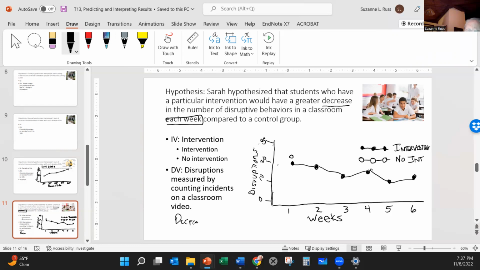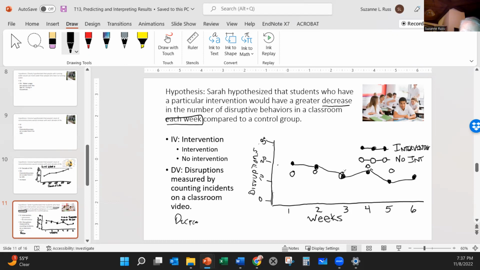In the no intervention condition, I'm going to actually change the point of our first dot here. So in the no intervention condition, we don't expect to see a similar decrease. So let's say they started right about here. And in week 2, maybe they were slightly increased. Week 3, maybe they were right around here, right at the same level. Week 4, they jumped.